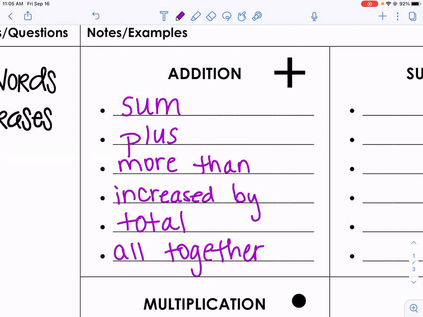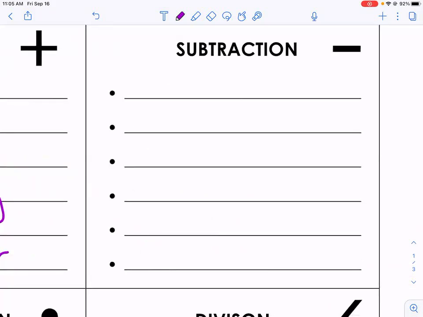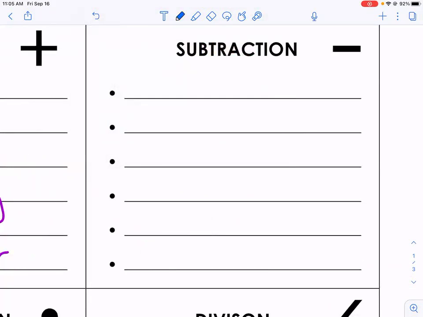So let's talk about subtraction. Jada, what color should I write subtraction with? Blue? Okay. All right, who can raise their hand and give me a word that they know means subtraction? Bennett and Jada have been on a roll here, so thank you for contributing.